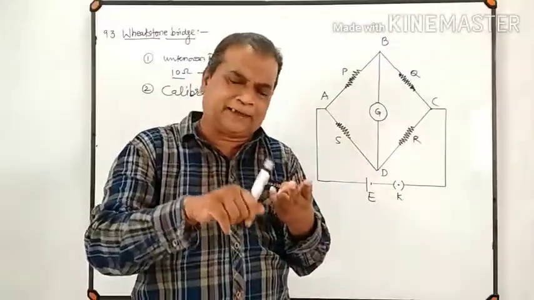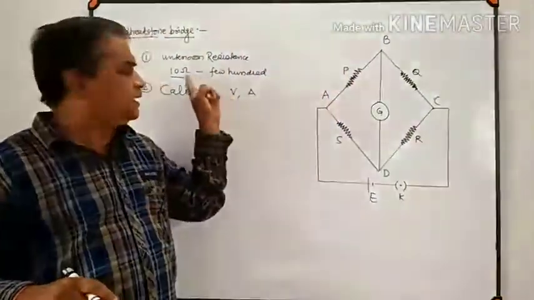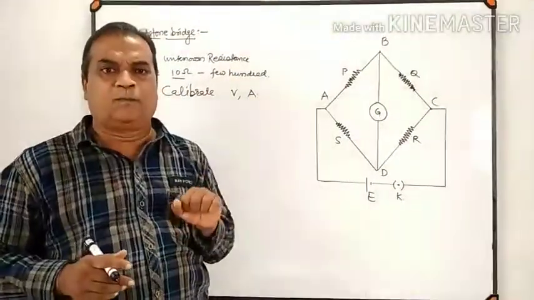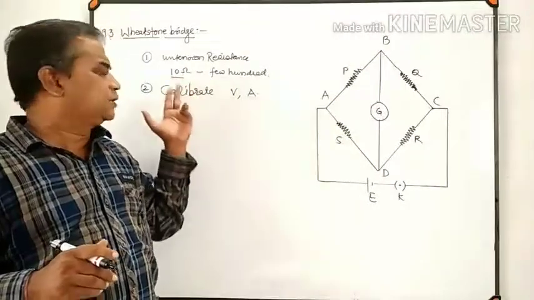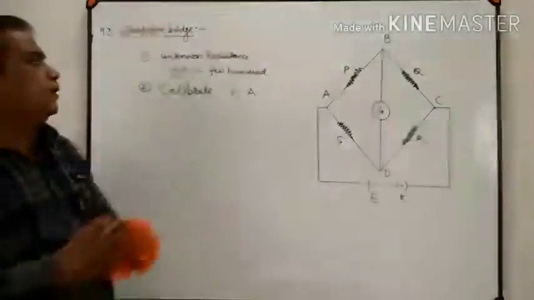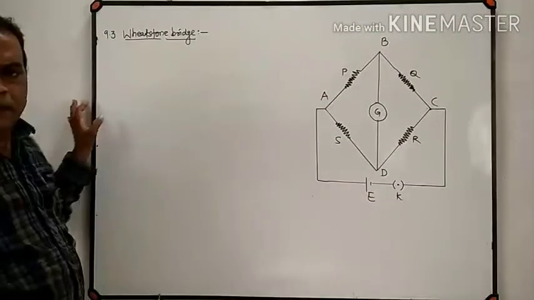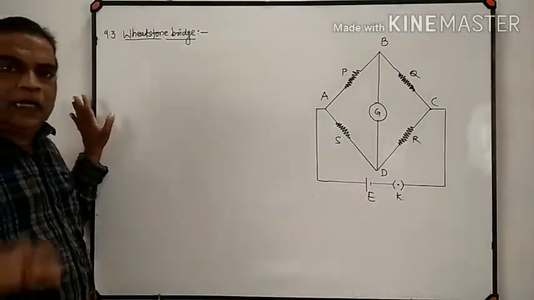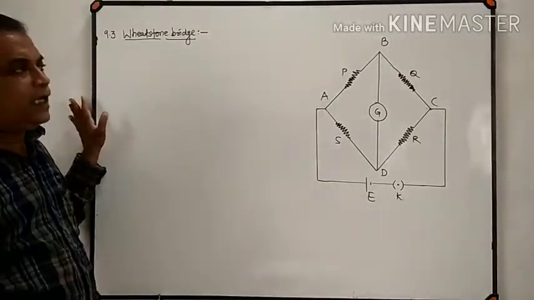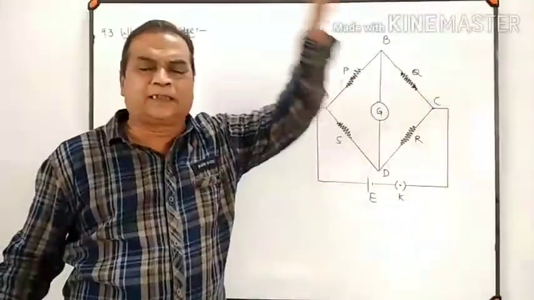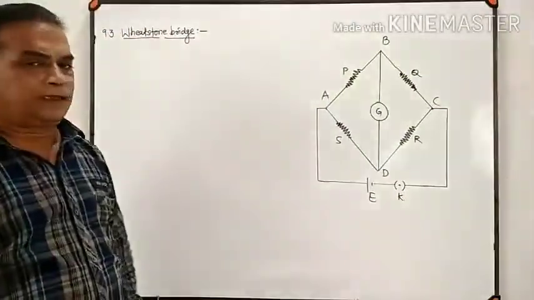Wheatstone's bridge is basically used to measure unknown resistance ranging within the limit of 10 to a few hundred ohm, and second, it is used to calibrate measuring instruments such as a voltmeter or an ammeter. Now in the examination there comes a question: describe Wheatstone's bridge and hence obtain the bridge balancing condition. Maybe a question for 3 marks or for 4 marks.